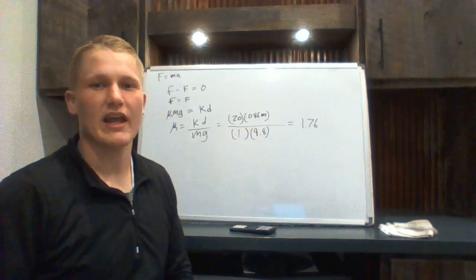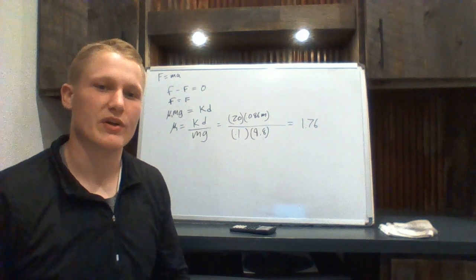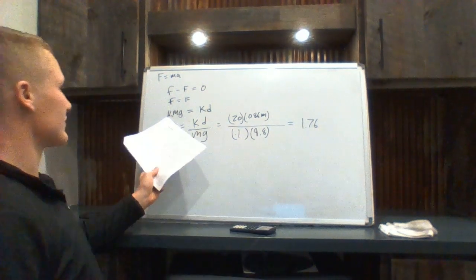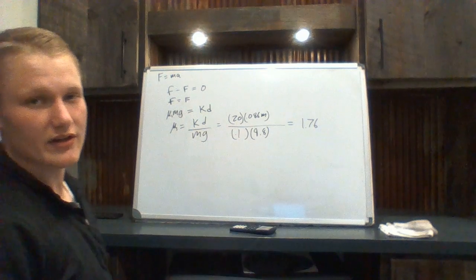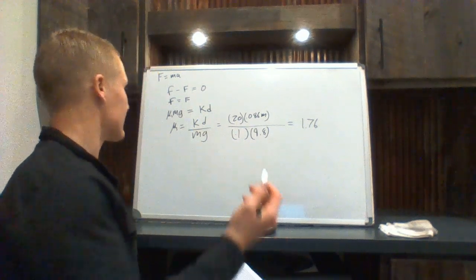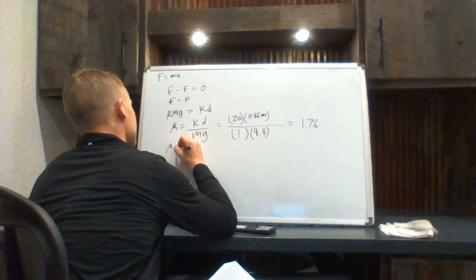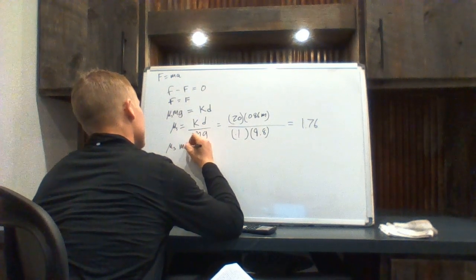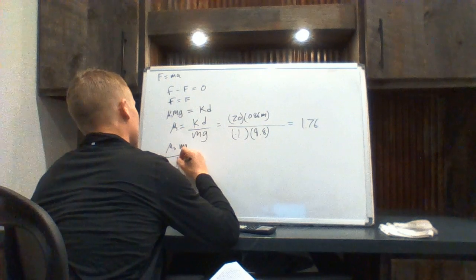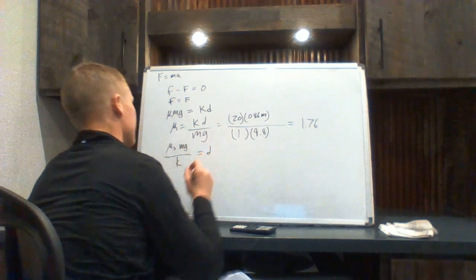So first we're going to need to calculate the distance which the spring was compressed. We can use this equation here, but now we just need to solve for d instead. So it would be coefficient of static friction times mg divided by k equals d.